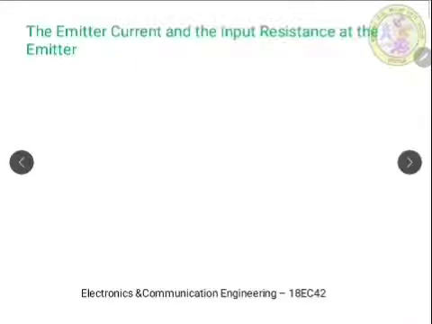Next we will see the expressions for emitter current and input resistance at the emitter side. In order to derive this, we need the relations corresponding to emitter current IE. The total emitter current, including the DC biasing as well as the current component because of the signal, can be determined using IE equal to IC by alpha.